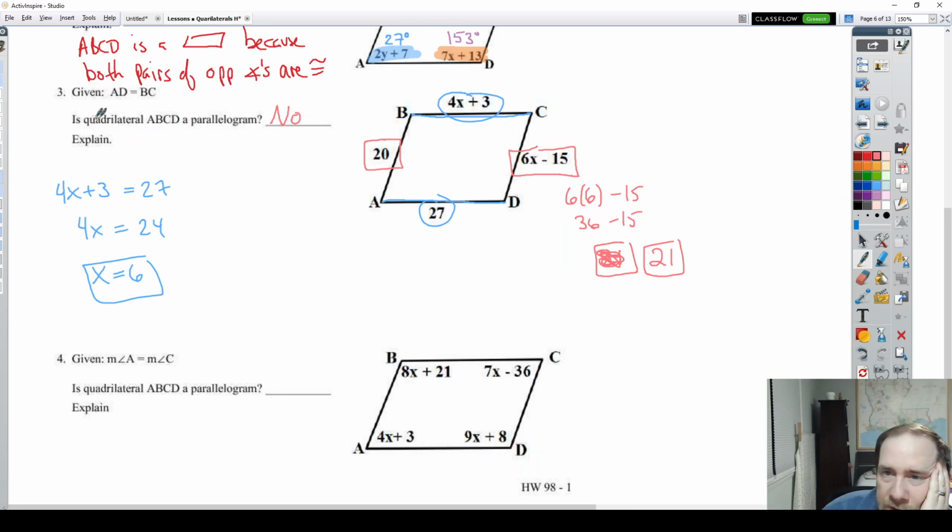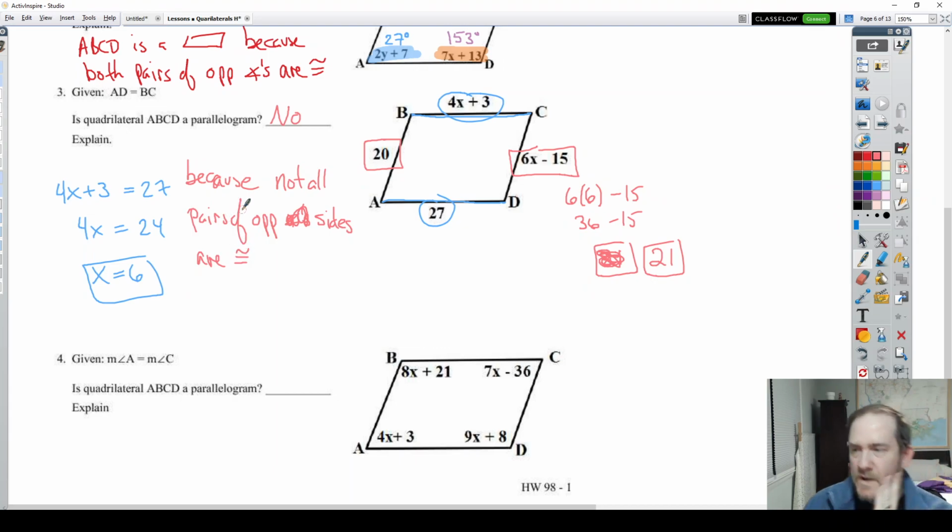No. And you can say because not all pairs of opposite sides are congruent.